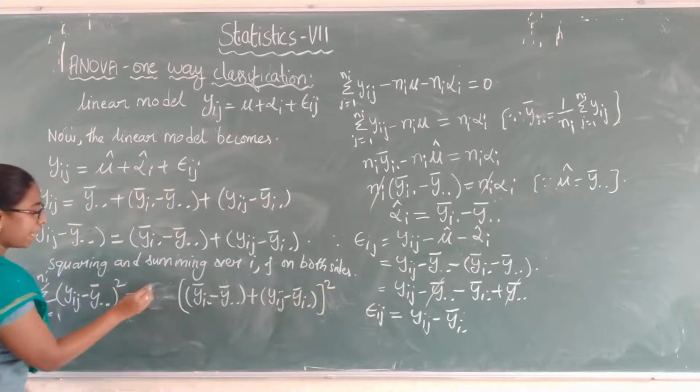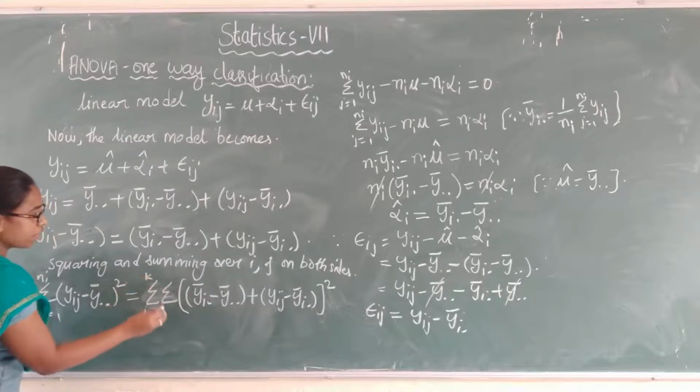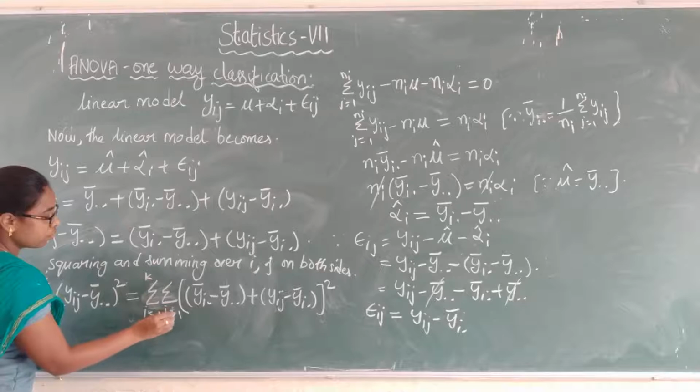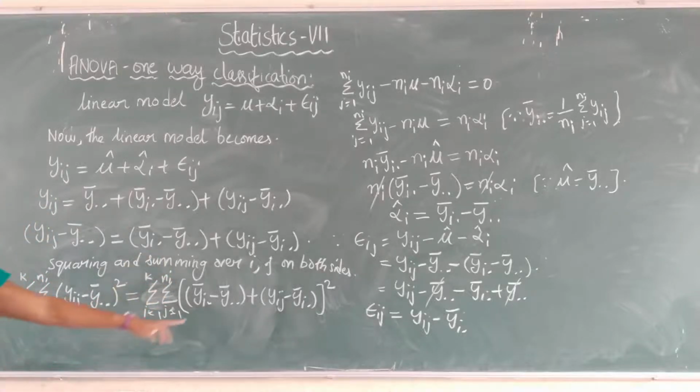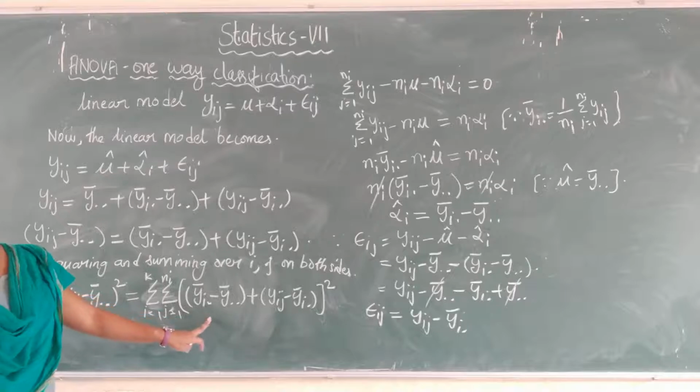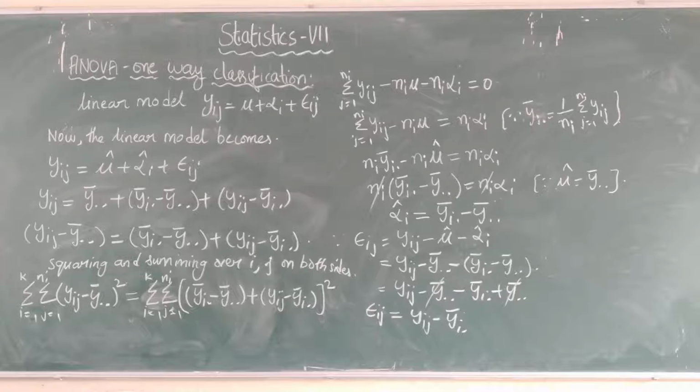So squaring and summing, summation i equals 1 to k, j equals 1 to ni. Now we will expand this, since this is in the form of a plus b whole square. We expand using the formula a square plus b square plus 2ab.